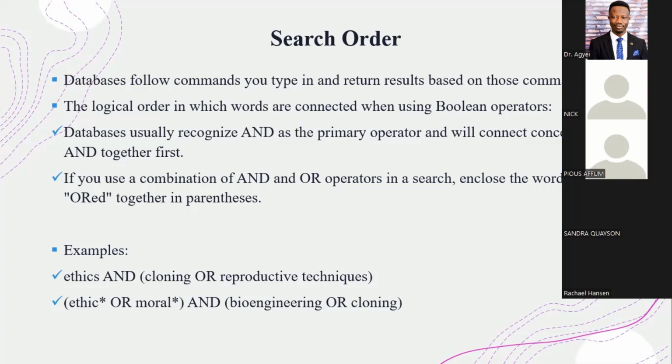Otherwise, if you put Ghana first and then not children, it will give you data about Ghana, but not children. So when you are using not, you have to be more careful about how you arrange your words, okay?